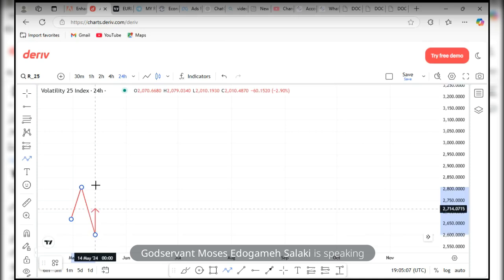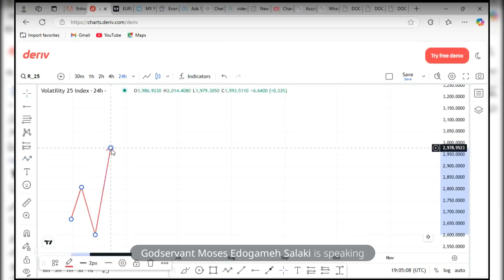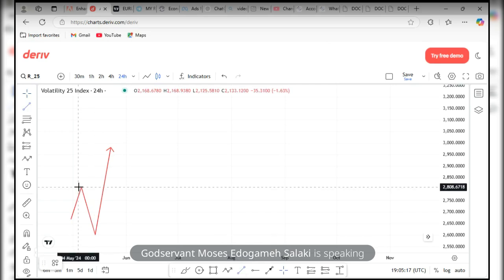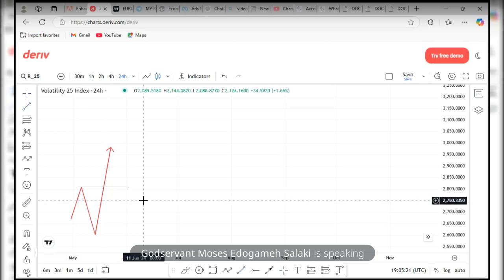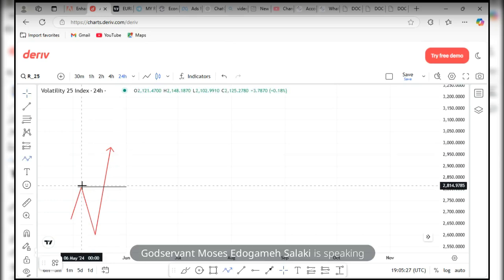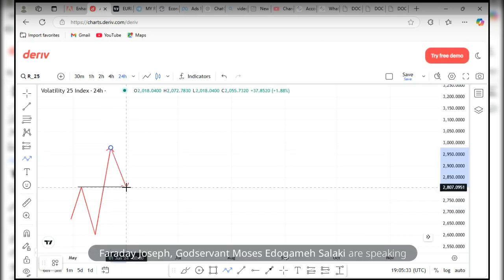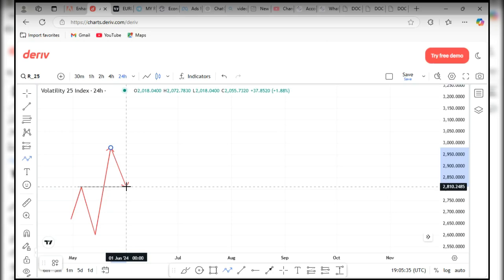If we have a move like this and price breaks, I've said it again and again, the first place to look for your first entry is here, not here, because this is already a resistance that was broken. So price will come here to give you a higher high.